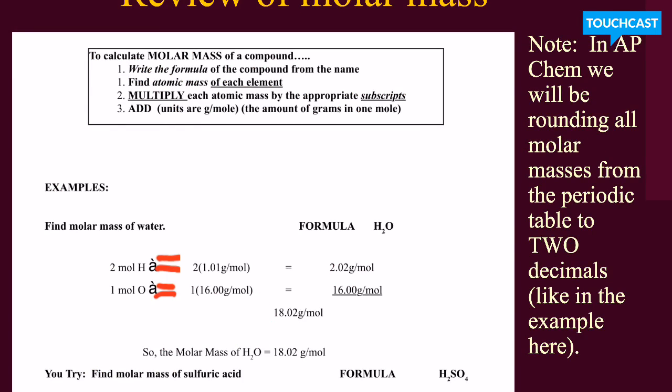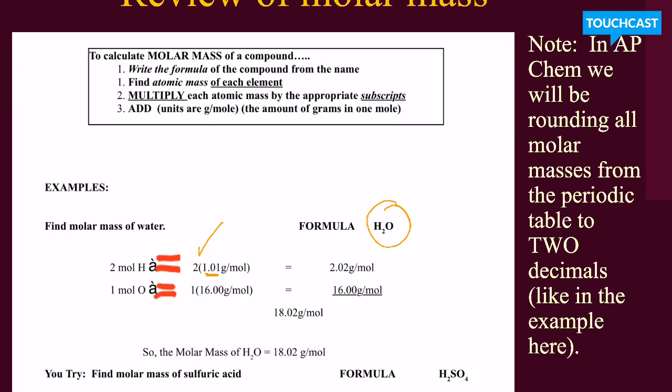So, if you forgot how to do molar mass, it's pretty simple. You need to use a periodic table, and you have to use the formula of the compound. So, for example, let's get the molar mass of water. Now, the formula of water is H2O. That means that you have 2 hydrogens and 1 oxygen. So you see over here how I looked up the molar mass on the periodic table of hydrogen, and remember we're using 2 decimal places now for our molar mass.